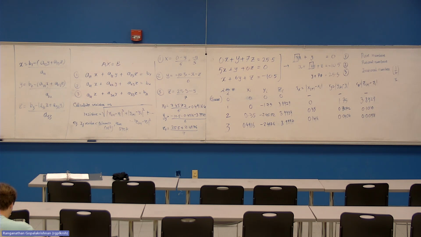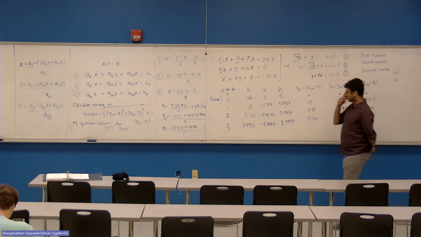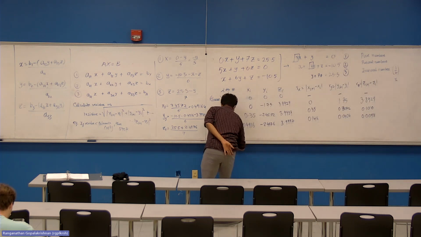Are we now clear enough that we are comfortable to automate this using Excel? Or do you want to do one more iteration? Let's do one more, because in the exam, you'll be asked to do either 4 iterations or until a residue condition is satisfied. So let's do one more iteration. Iteration 4.